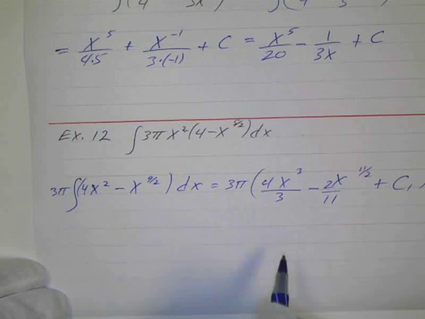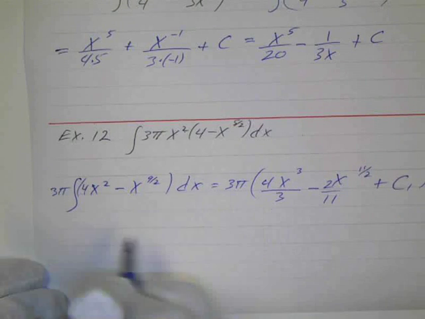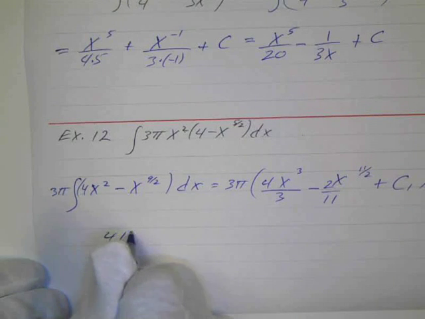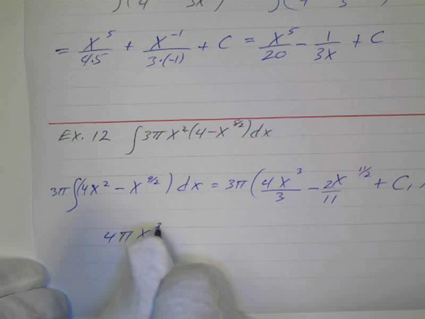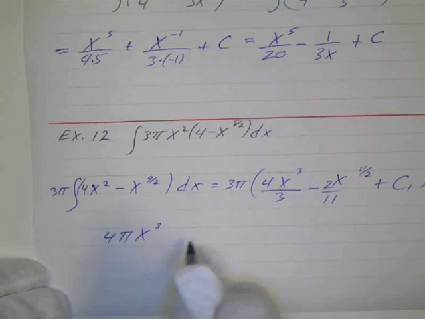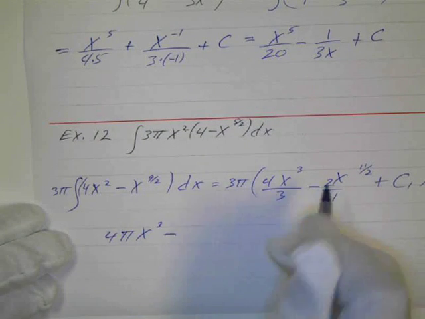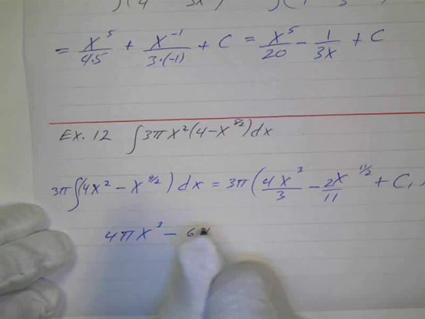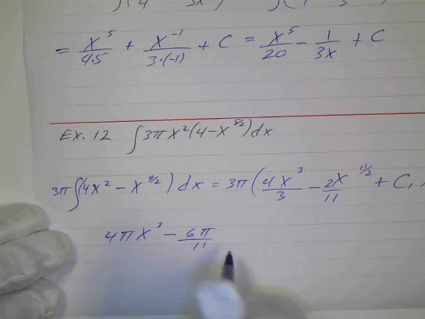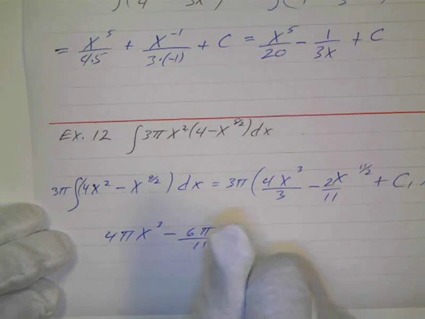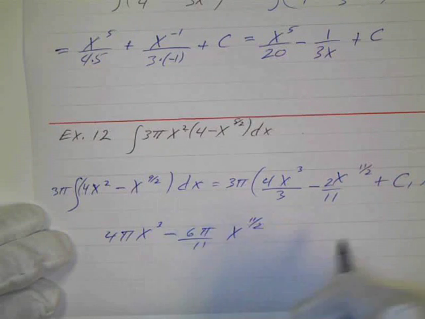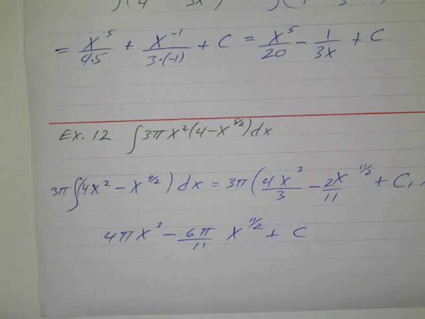So if we multiply this out, 3 goes into 3 once, so I've got 4 pi x cubed minus, and that would be 3 times 2, which should be 6 pi over 11 times x to the 11 halves, and then plus our constant.